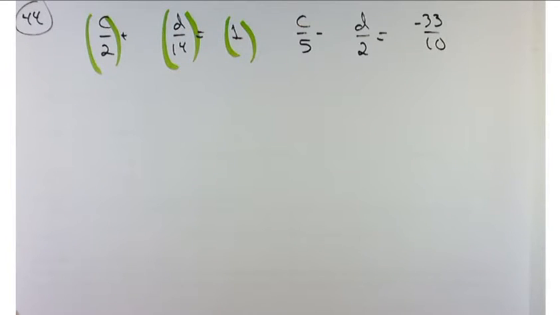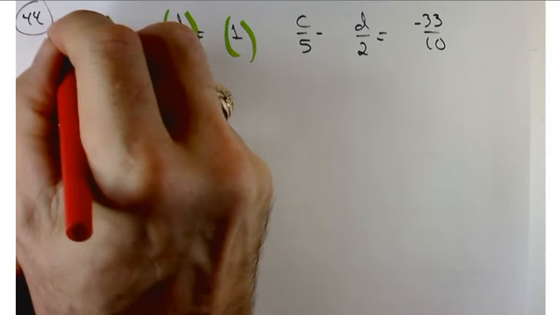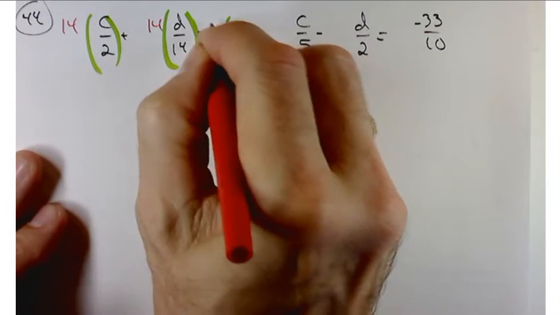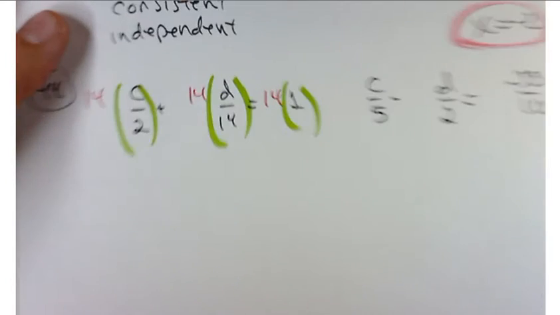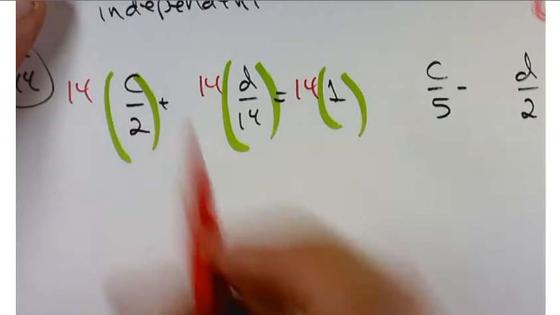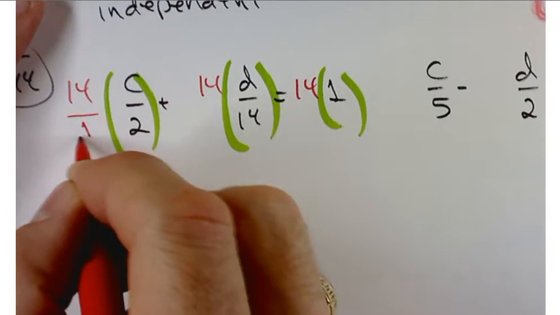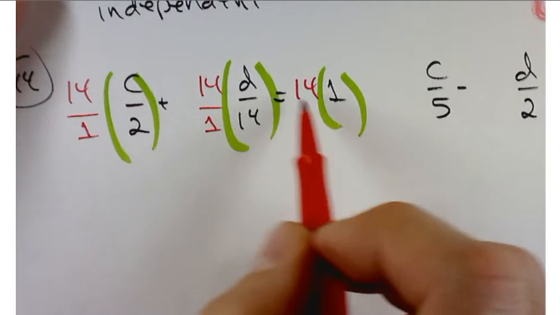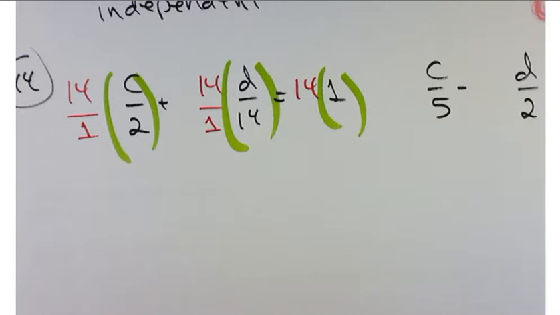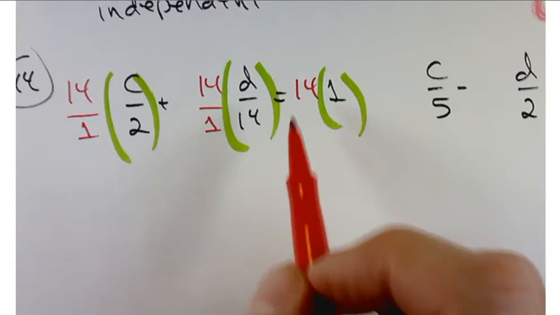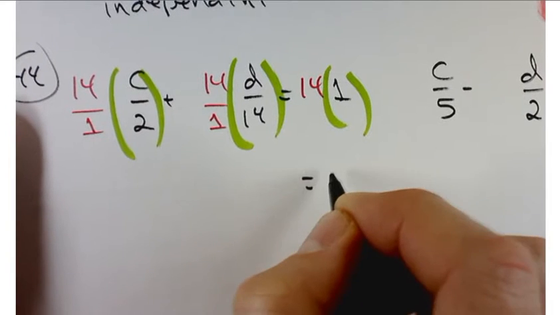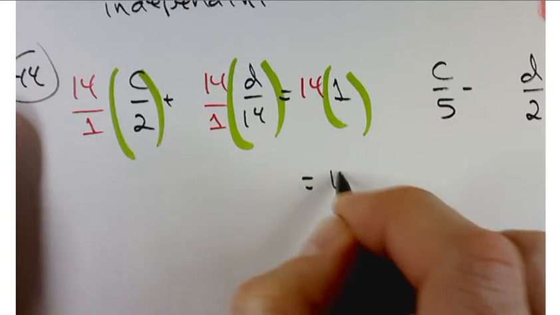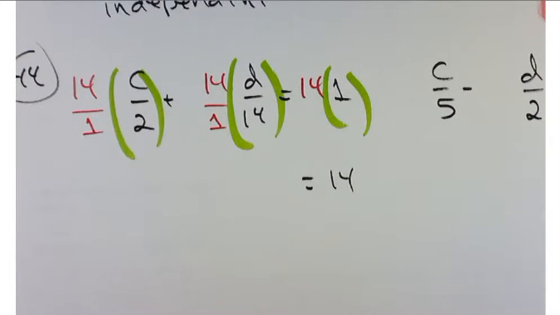So this by 14, this by 14, and this by 14. Now, a couple of these are fractions. So let me write that as 14 over 1. This one's not a fraction. I'm not going to get any cancellation, so I'm not going to bother to write it as 14 over 1. It's just 14. In fact, what's the right-hand side simplify to? 14. I was hoping you didn't need to pull out your calculators. That's good.